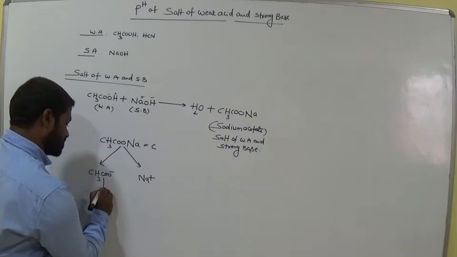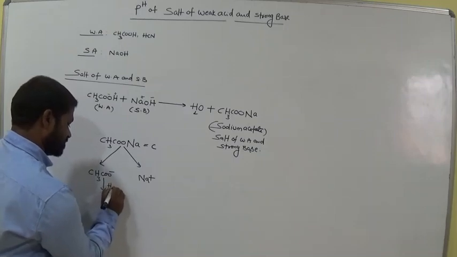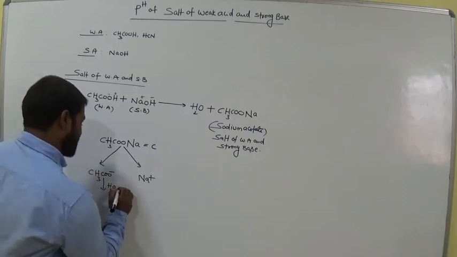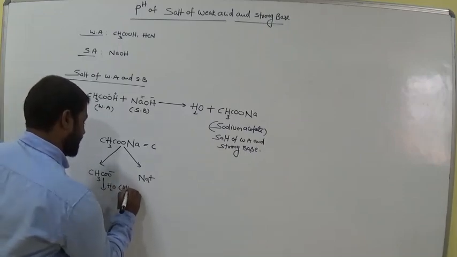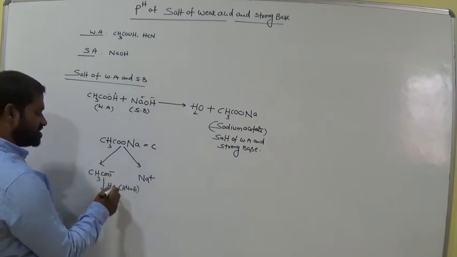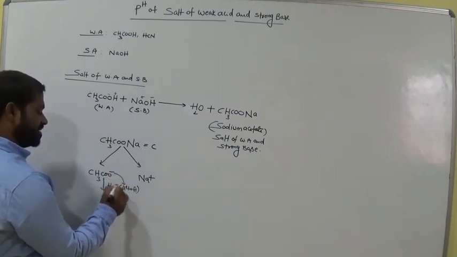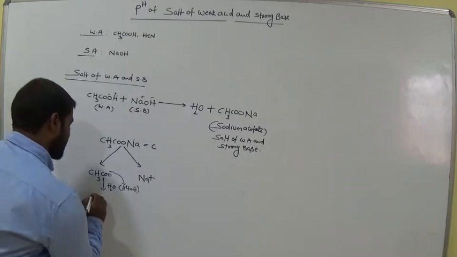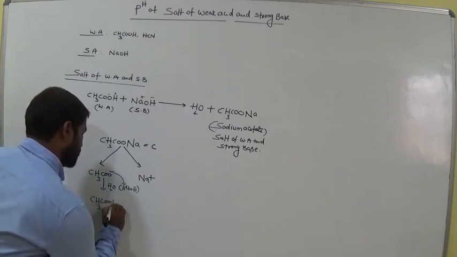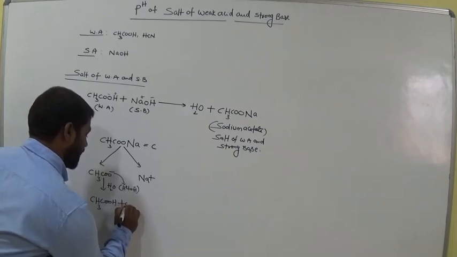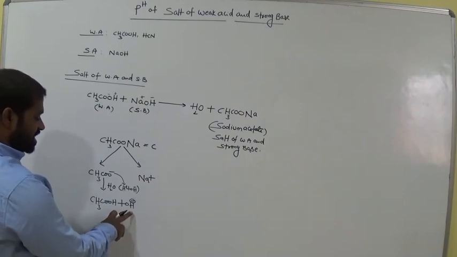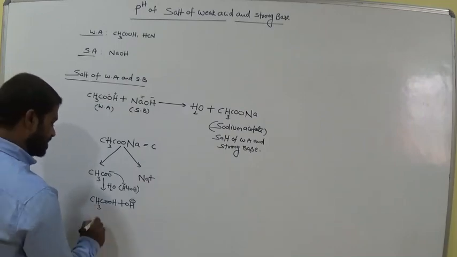This anion undergoes hydrolysis. In water there are H plus and OH minus. This minus attracts the plus, so what does it give? CH3COOH and OH minus. The solution consists of excess OH minus.